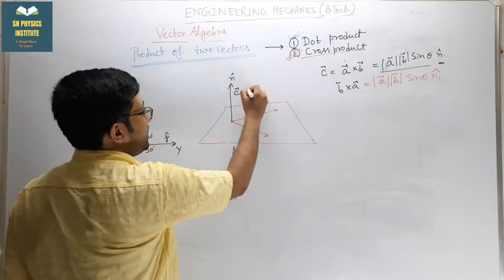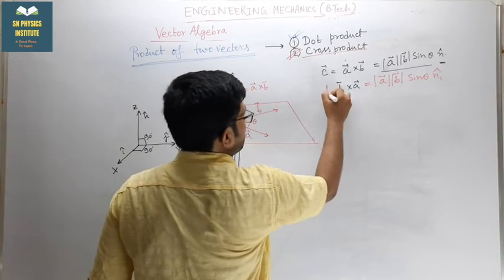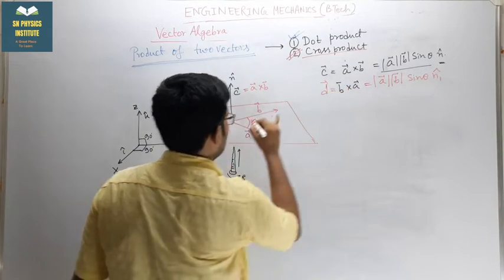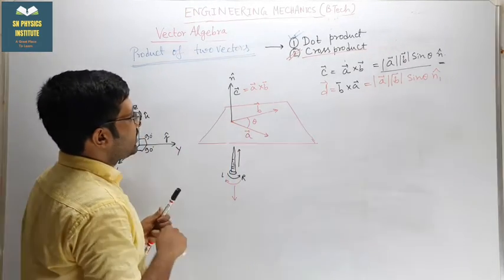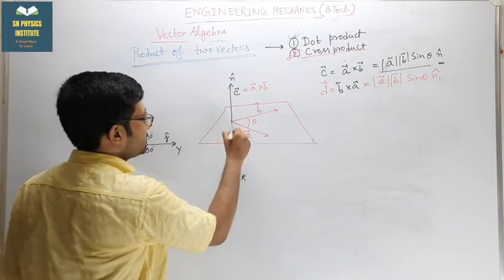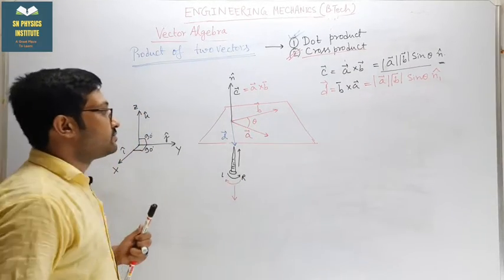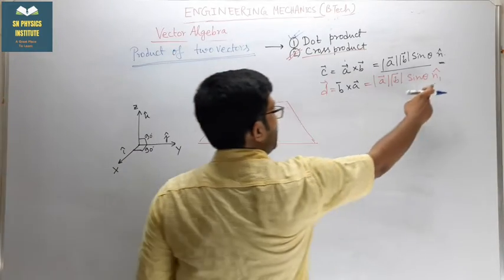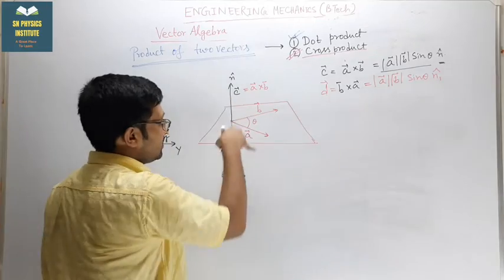So C is equal to A cross B, and B cross A is equal to the D vector. The D vector direction will be the downward direction, n1 cap.